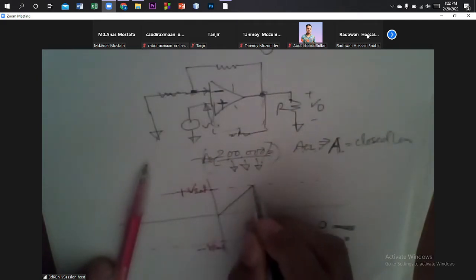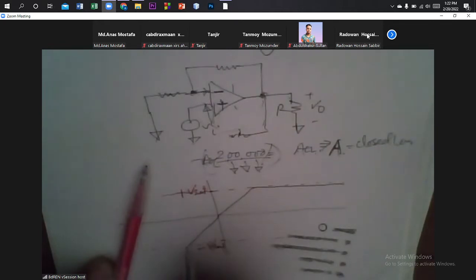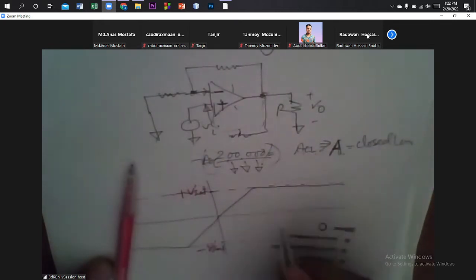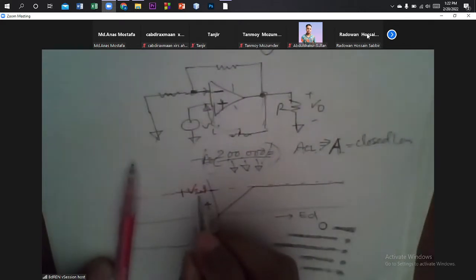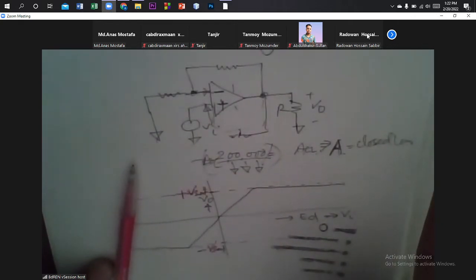Gain will be reduced. This is the input ED and this is output V0. ED or VI, whatever name you give. Sir, in the previous class we studied open loop. Yes sir. Now we will do closed loop.